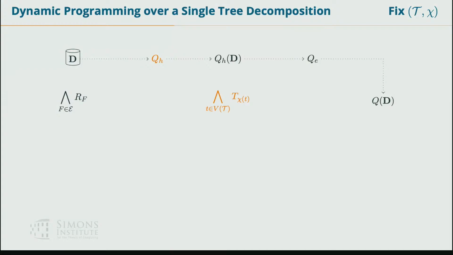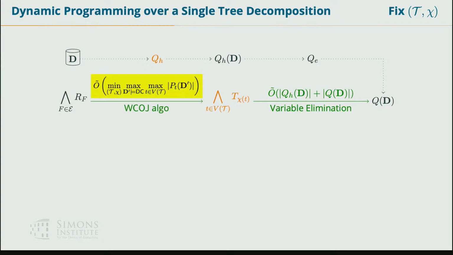If somebody gave us the tree decomposition already, then what can we do? Well, we can run variable elimination, right? And you see that the runtime will be linear in the input plus the output of this portion of the query plan. But then the question is, how do we compute the minimum representation here? Minimizing this is going to make the blue portion of our meta query plan as small as possible.